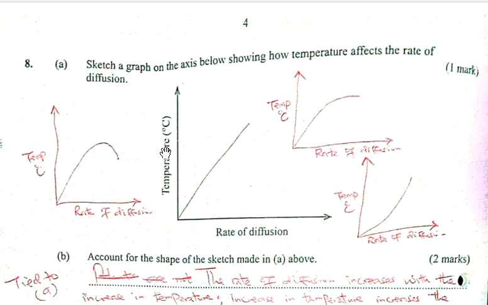When temperature increases, it increases the rate of diffusion, or rate of diffusion increases with an increase in temperature. As you can see here, rate of diffusion is increasing with the increase in temperature.